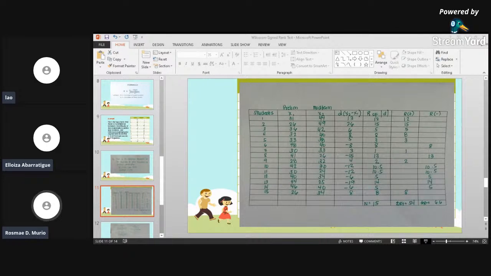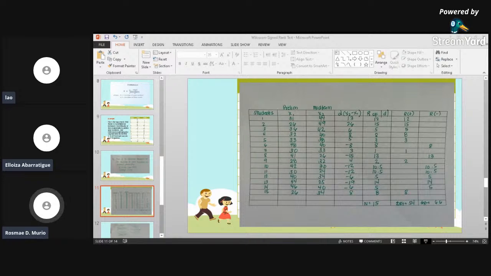So doon din po natin irarank si 14 sa number 19 sa D, si negative 19. And the last po, rank 15, the highest number from the D, so si 26 po. So doon natin irarank si 15.